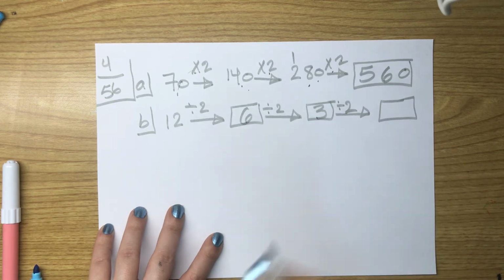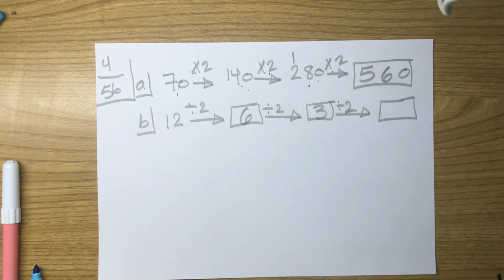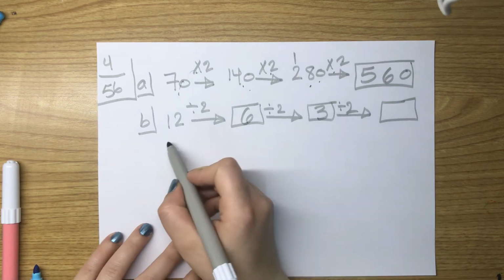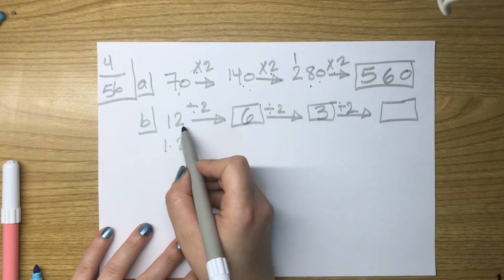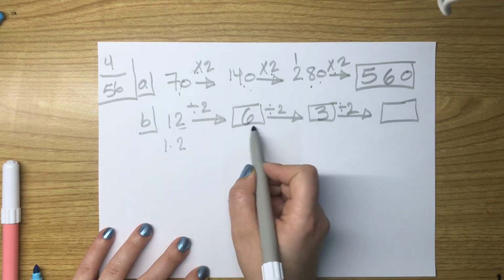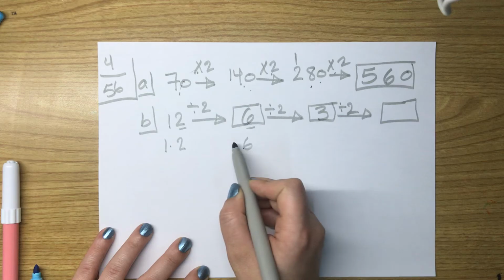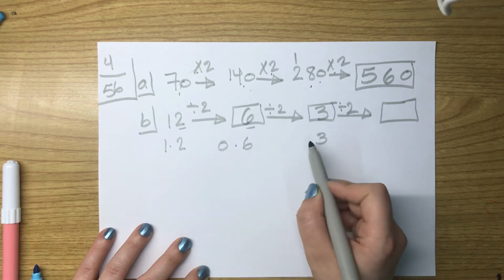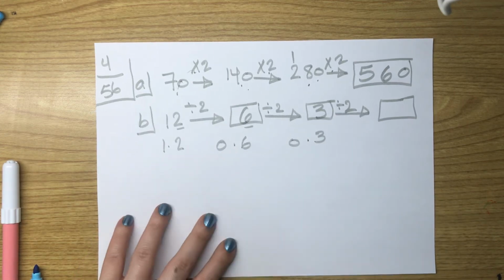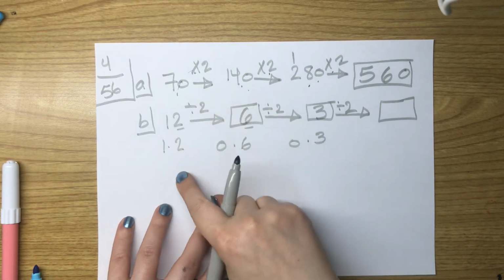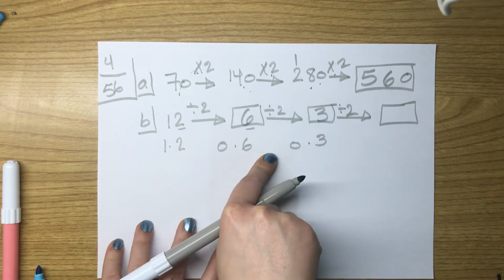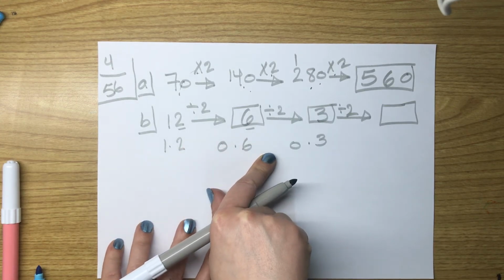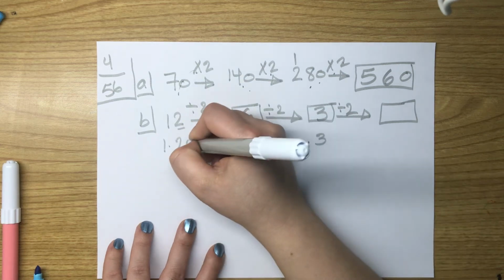Okay. 3 divided by 2 is the same thing as if you took this sequence 1.2, then 6.0, then 3.0. This is the trick here, guys. You can add a 0 to the right side in decimal places, and this is not going to affect the value of these numbers. So here are the zeros.